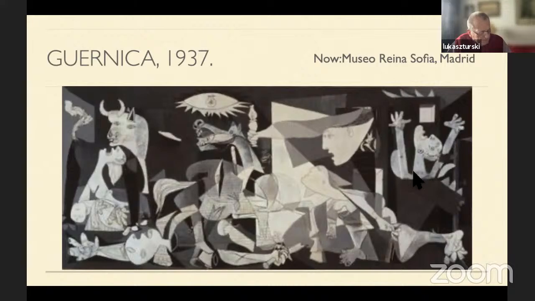And it was painted by Picasso right after the Condor Legion had bombed Guernica in 1937. That was his protest against the war. And right after it was painted, this painting was traveling all over Europe and shown in various museums.